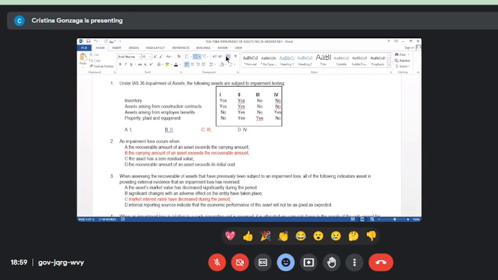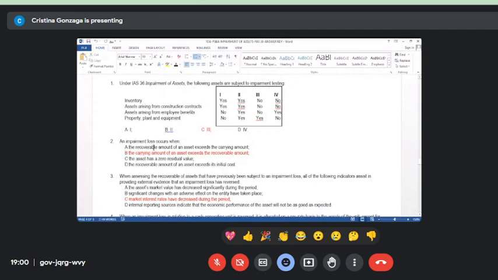Yung inventory may specific yan, PAS 2. Assets arising from construction contract, PAS 11. Assets arising from employee benefits, PAS number 19 as revised. Property, plant, and equipment, PAS 16. So only property, plant, and equipment is subject to PAS 36, impairment of asset recognition. Di ba? Okay, so the answer is C.